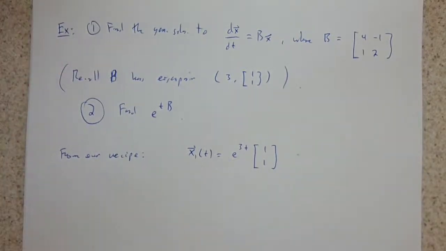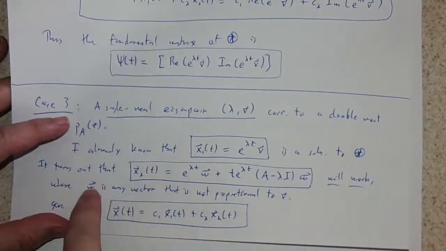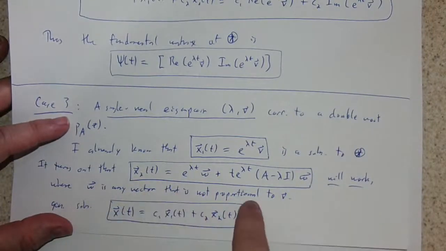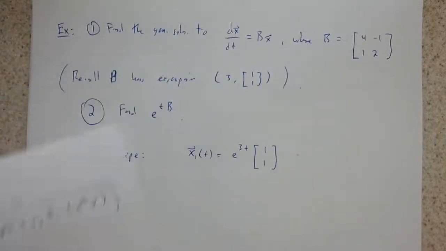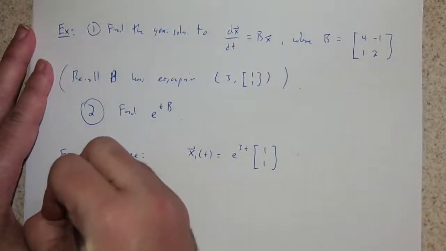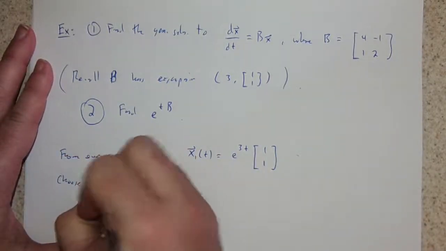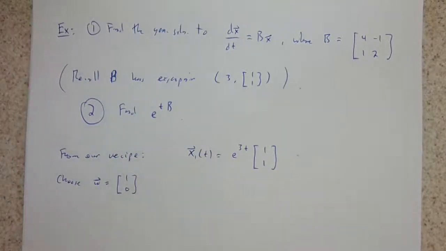Now, to find x sub 2, I need to pick any vector that is not proportional to v. V is (1, 1) here, so I need to pick any vector that is not a scalar multiple of v. That gives me a huge amount of choice. So choose w to be (1, 0). The vector (1, 0) is definitely not a scalar multiple of (1, 1).